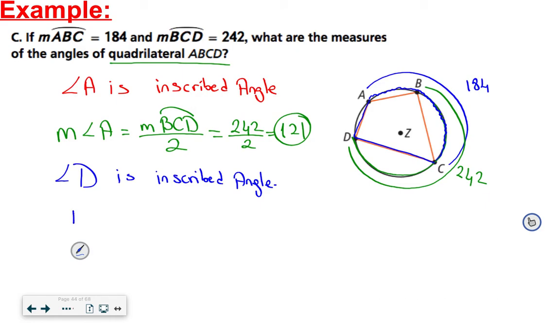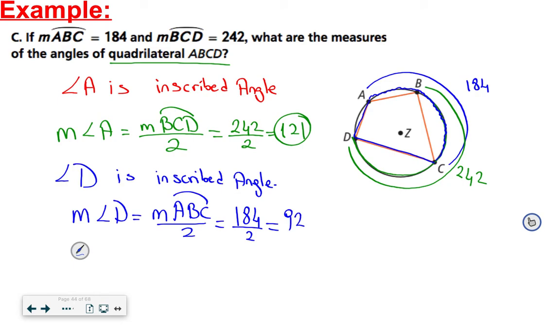So, to be able to find the measure of angle D, we need to get half of the intercepted arc ABC. The measure of arc ABC is 184 over 2, which will be equal to 92. So this part is 92.